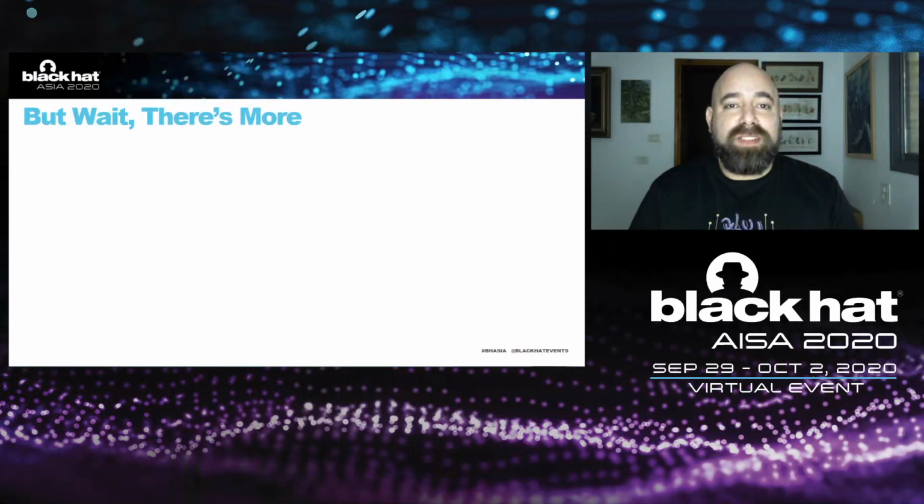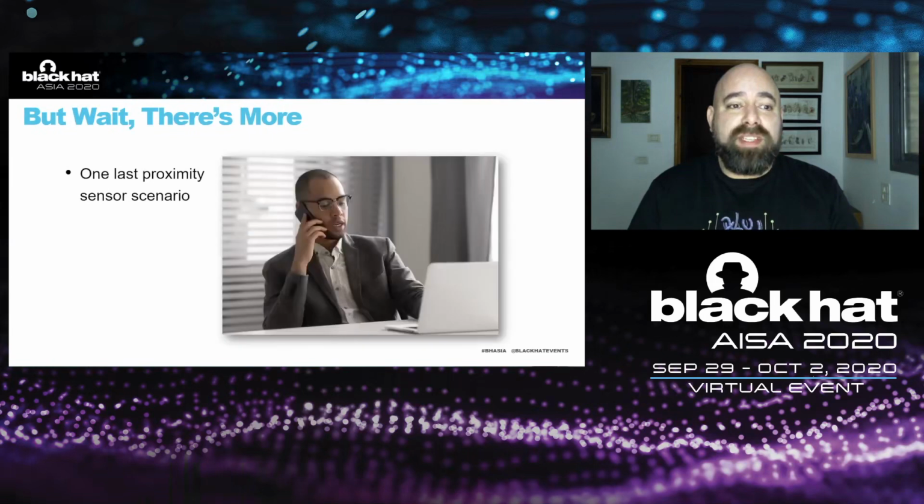So we got more, but wait, there is even more than that. When we talked about the proximity sensor scenario, I left one scenario outside, and this scenario is this one. Another proximity sensor activation is when we use the phone close to our face, for example, when we have a conversation.